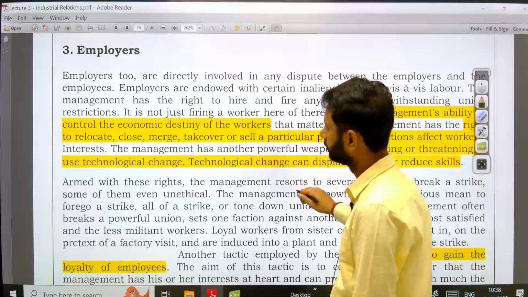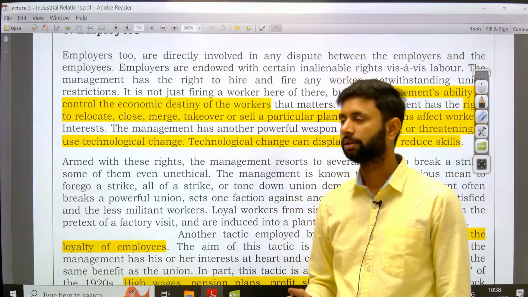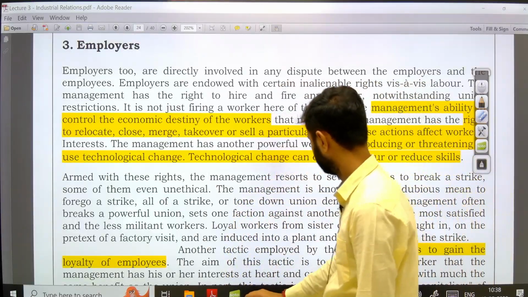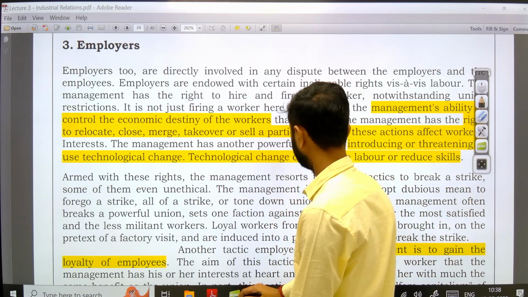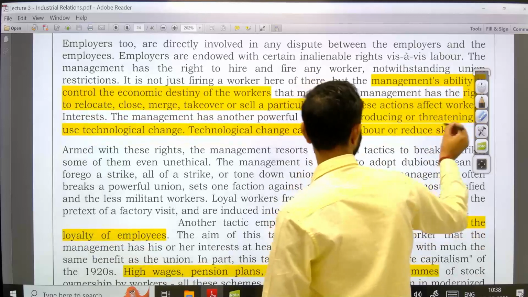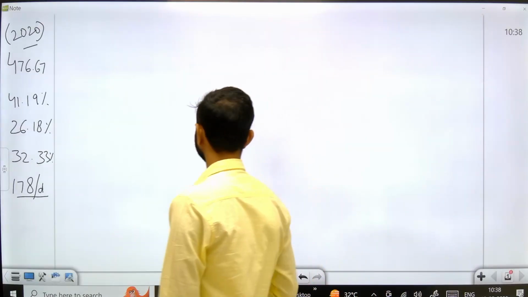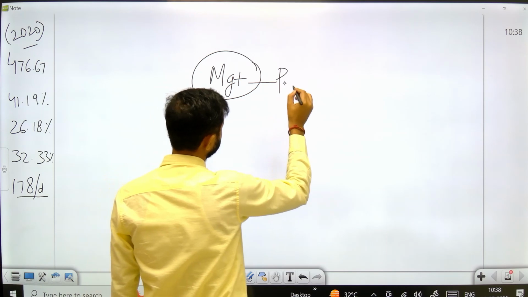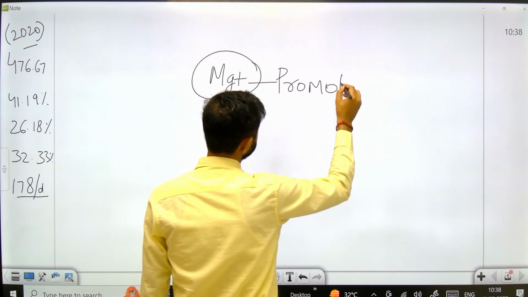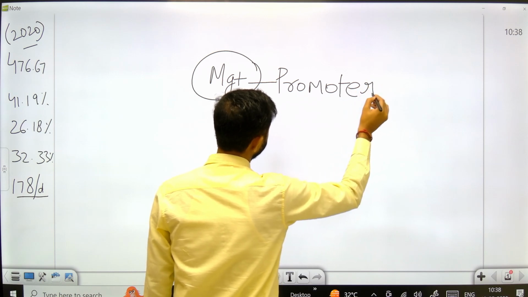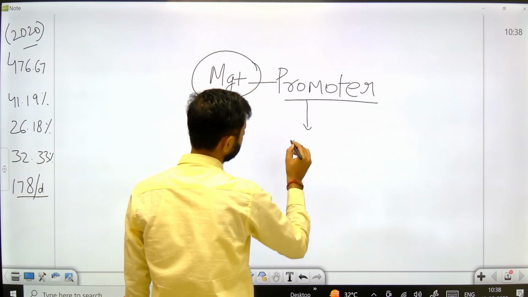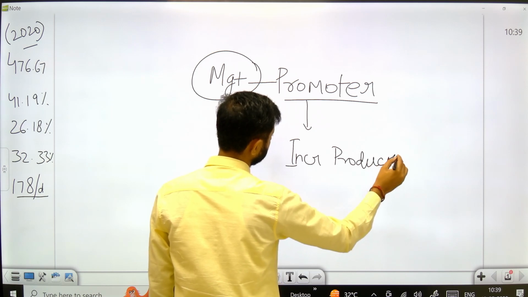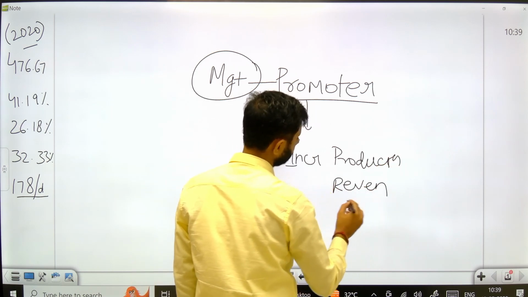Now we'll talk about employers, the management. We'll discuss them in detail. Management or the promoter of the company has as its main objective to increase production, which will lead to increased revenues and increased profit.